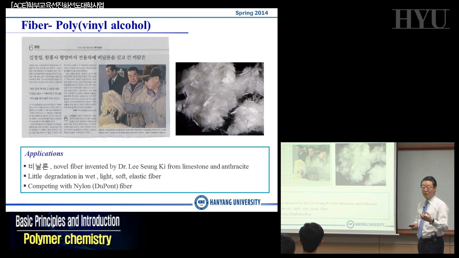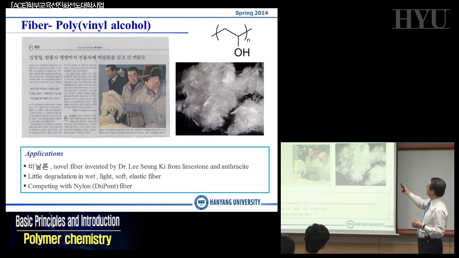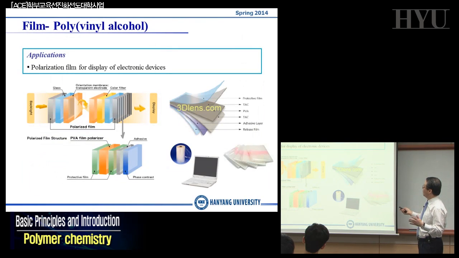But this same polyvinyl alcohol is made in Korea right now by Dongyang, the petrochemical company, and they make the very high molecular polyvinyl alcohol, this is the example of the chemical structure, to make the films.